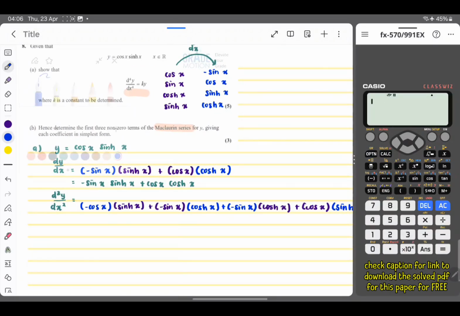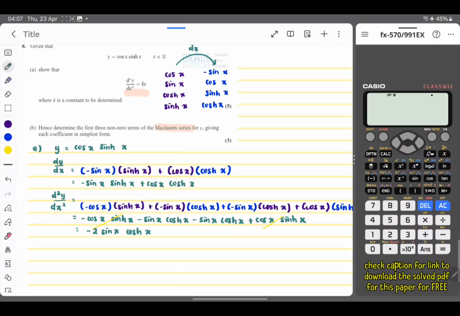Let's simplify. So this would be negative cos x sin x minus sin x cos x minus sin x cos x plus cos x sin x. These two will eliminate each other. That means our final answer for the second differentiation would be negative 2 sin x cos x.